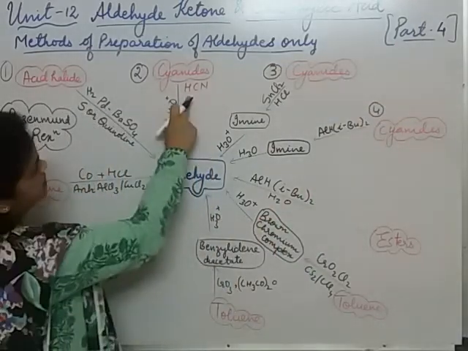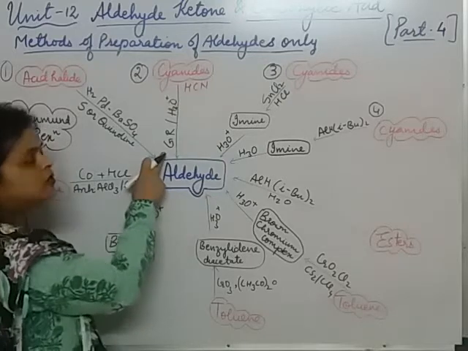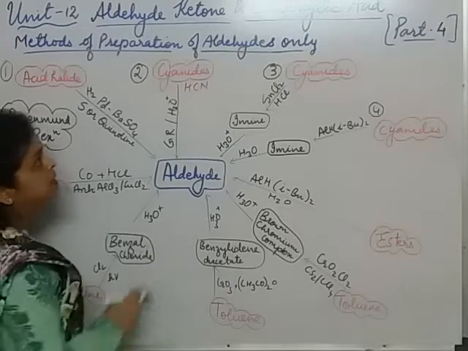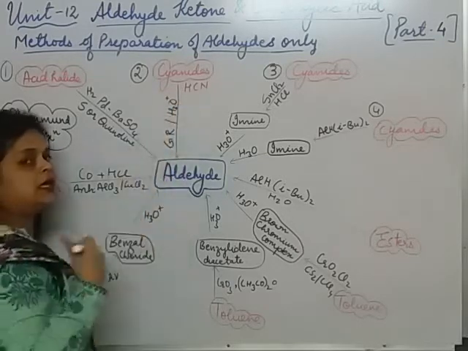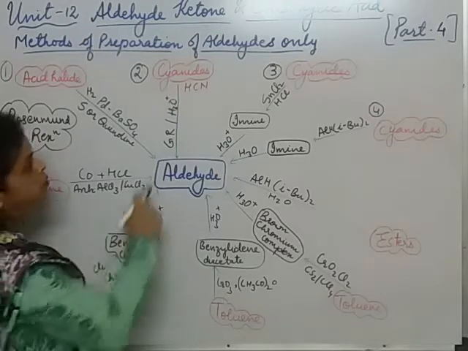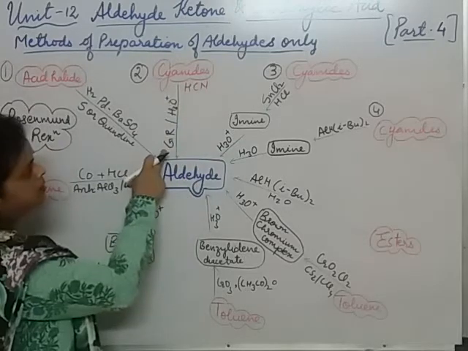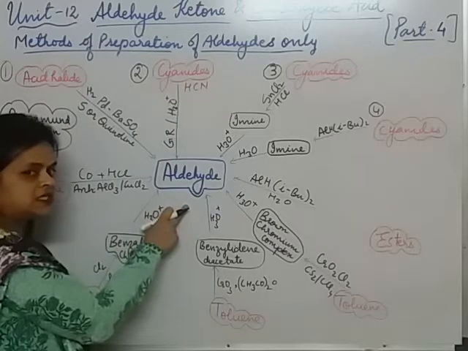First, cyanide can be converted into aldehyde by means of Grignard reagent. In this we had seen that the cyanide should be only HCN. If you are taking any cyanide other than HCN, then you will get the ketone. So the cyanide should be HCN only. The Grignard reagent, when it combines, followed by hydrolysis, gives us the aldehyde.